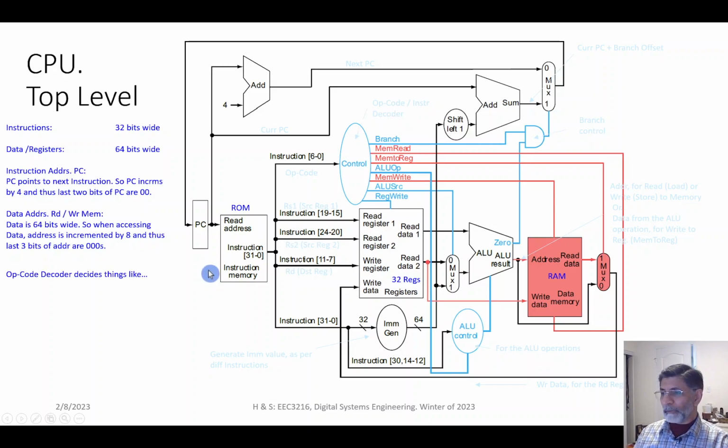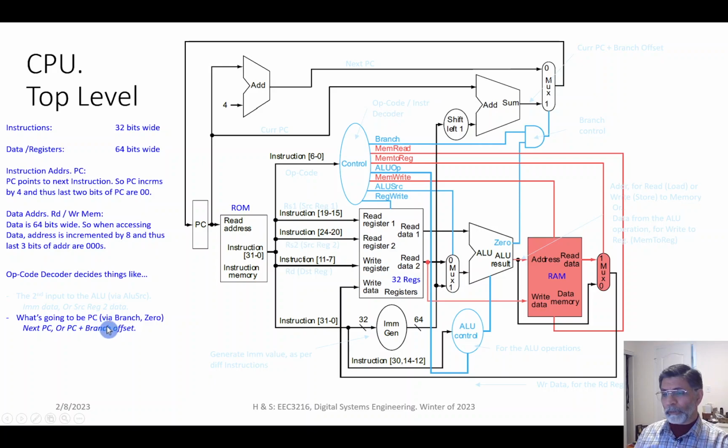All right, so now I was talking about the opcode decoder. It decides things like the second input to the ALU. Is the second input coming from source register 2, or is it going to be the immediate value? If there is an immediate instruction, we might be using immediate data, which would be coming from here. Otherwise, as per the instruction, we might be using the result from source register 2, SRC2.